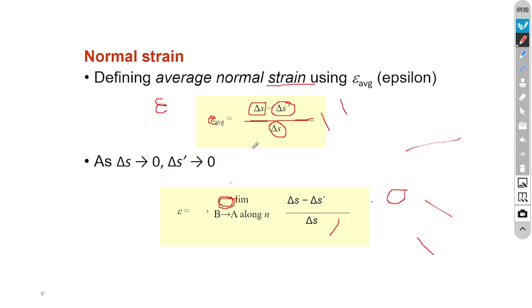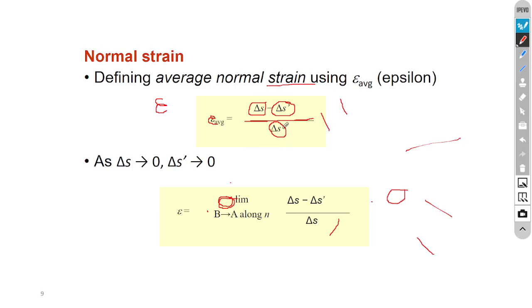If we select the points being a finite distance away, then we can find the average deformation per unit of length. If we substitute the initial distance between the points, then the strain will be engineering strain.